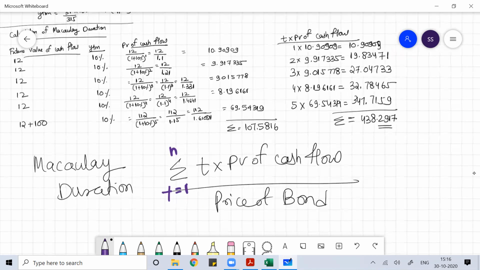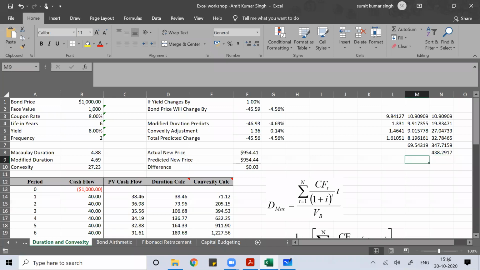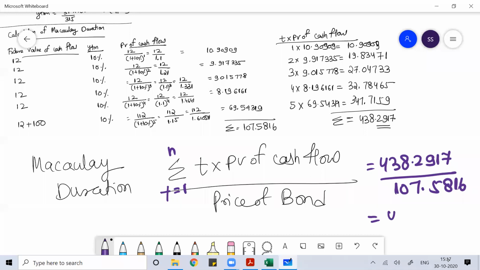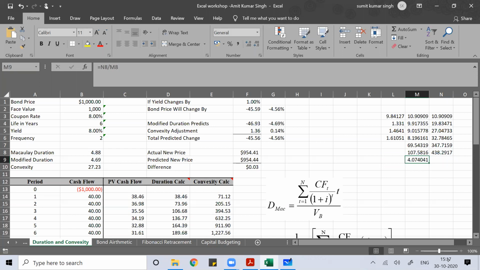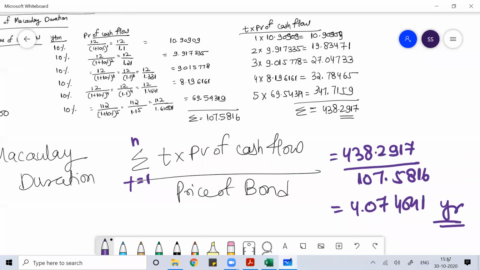So the Macaulay duration would be 438.2917 divided by 107.5816, which is 4.074041 years.